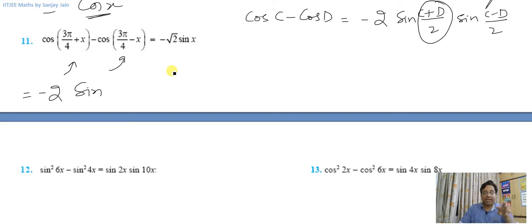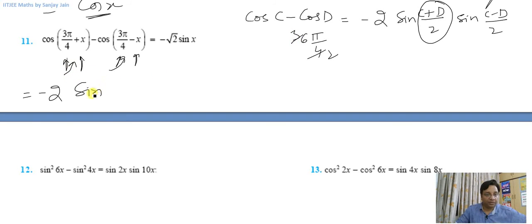So you have to add these angles and divide it by 2. So if I add these, x and minus x will cancel each other, and 3 pi by 4 plus 3 pi by 4 will mean 6 pi by 4, or 3 pi by 2.